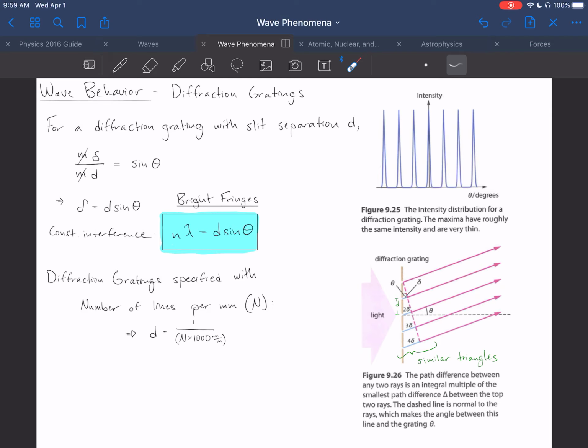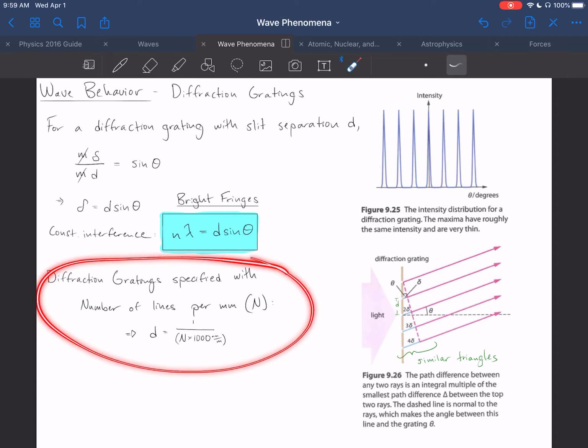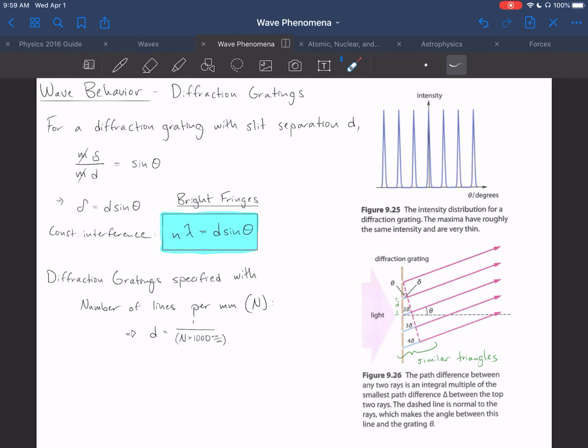And one more complexity. Unfortunately, diffraction gratings tend to be specified not in terms of their slit spacing, little d, but instead in terms of the number of lines per millimeter. So this is just the typical thing you'll see on a diffraction grating, but it's very easy to convert.